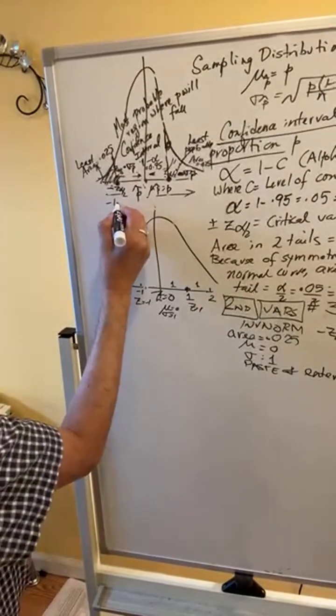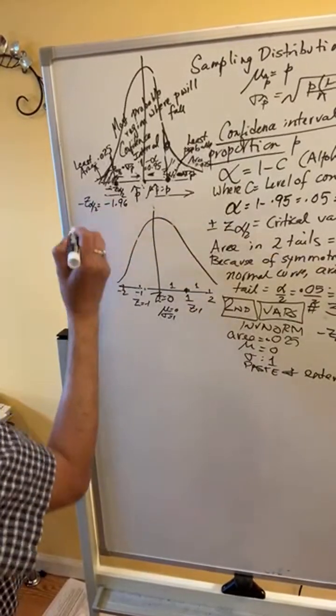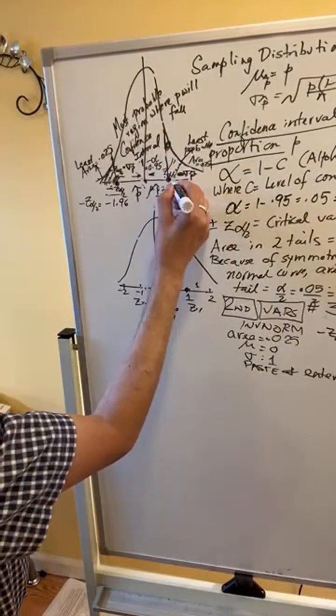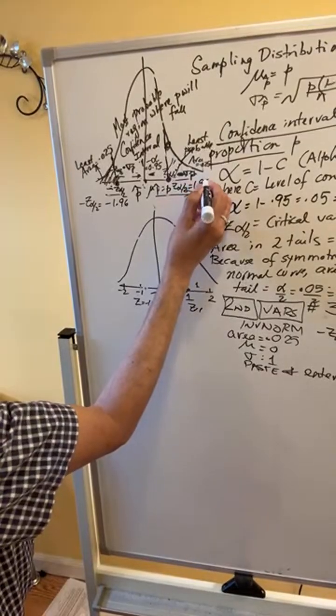So this particular z value, minus z alpha by 2, is minus 1.96. By symmetry, this z alpha by 2 on the right of the center is positive 1.96.